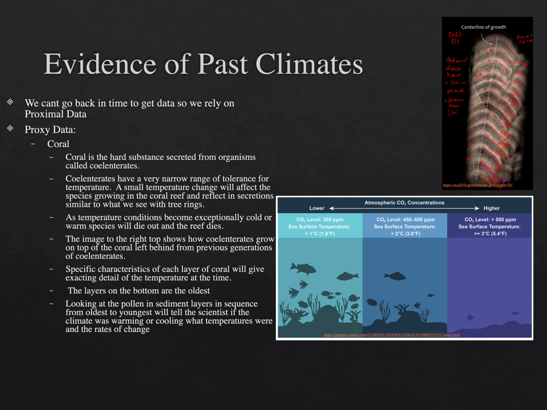Coral is very much the same way, but coral has a very tight range of tolerance. It takes very, very little change in temperature to produce a change in the nature of coral and the viability of coral.